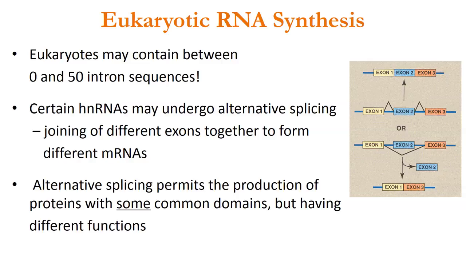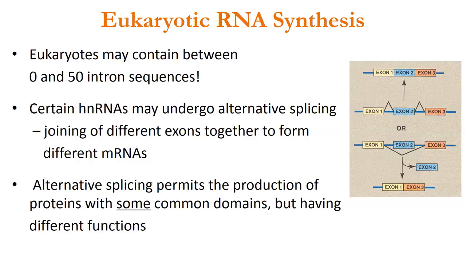The latest that I saw was they think about 95% of eukaryotic genes actually undergo some kind of alternative splicing. So that helps explain some of the prevalence of introns. You'll end up with proteins with common domains, but they have different functions. They function differently in different cells.